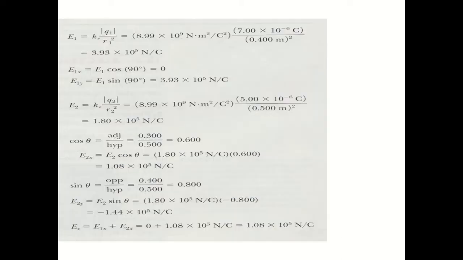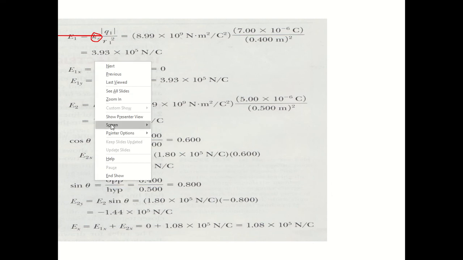All right. So to solve this problem, we use the formula of the electric field, which is given as E1 equal to K times Q1 over R1 squared. All right. So substituting the givens, take note that this is our K. This is already calculated, class.